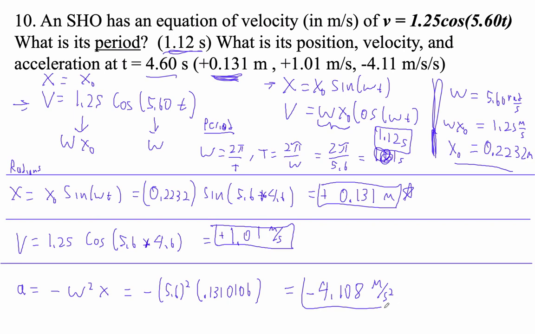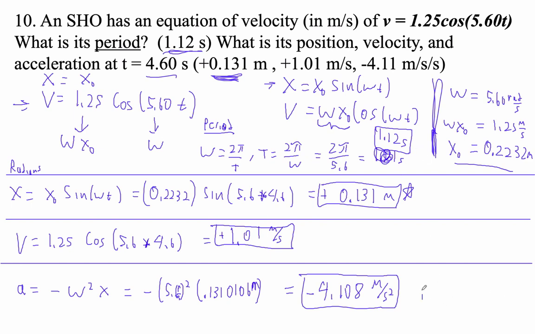Now, my units are going to come from here. This is meters, and this is radians per second squared, which is 1 over seconds squared, and there it is. Okay, so 4.11, that makes sense given that we are at a positive displacement.